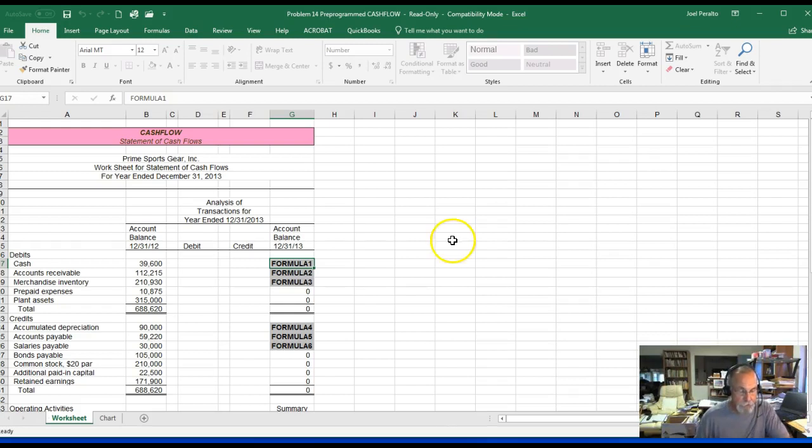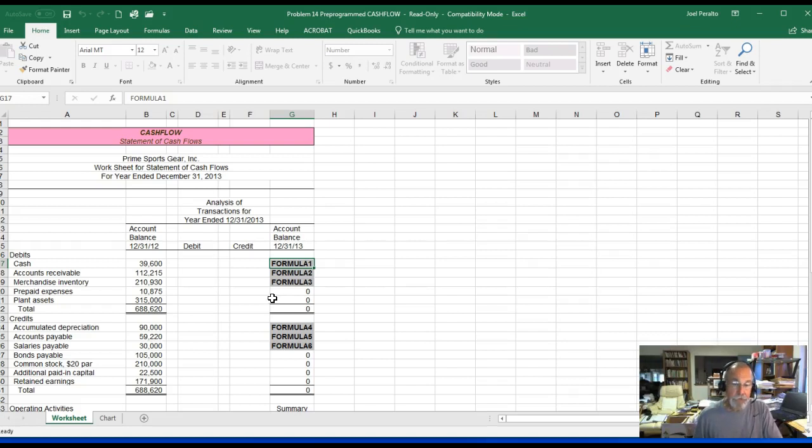So the learning objectives are to prepare a worksheet for the statement of cash flows, and that's basically what I want to get through, is using the information given in the text and this file template to complete this worksheet for statement of cash flows.